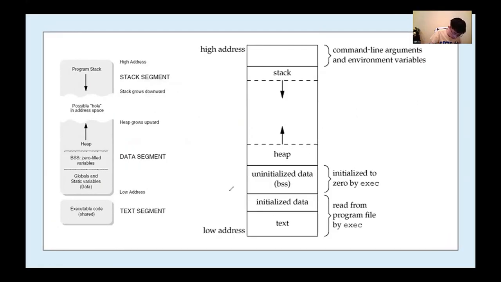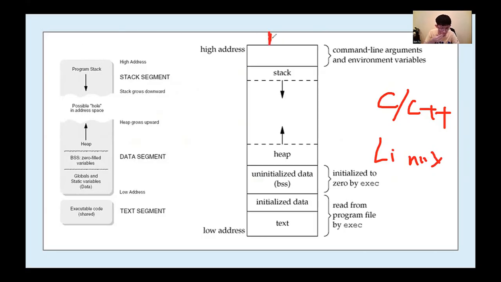In Java or Python, you never see this chart, but starting from C and C++ and learning the Linux system, you do need to know about this so-called memory map and memory model.